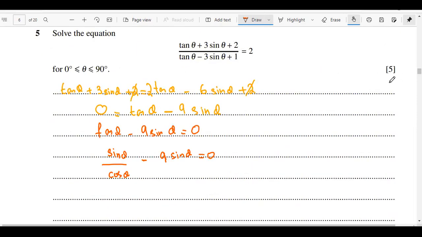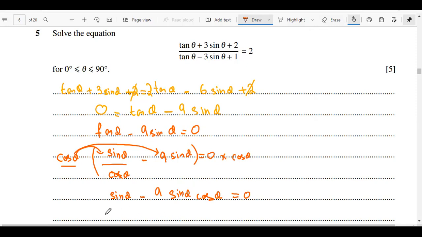So one approach could be that I multiply cos theta on both sides. You'll see what that is going to do. I'll multiply cos theta here, and I'll multiply cos theta here. The cos theta cancels the denominator, which gives sine theta minus, when I multiply cos theta with this, I get minus 9 sine theta cos theta equals 0.